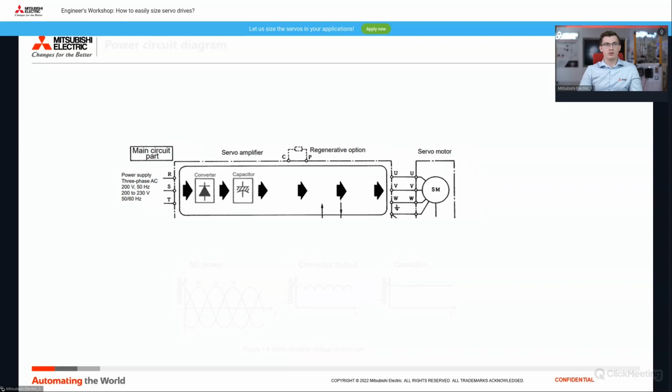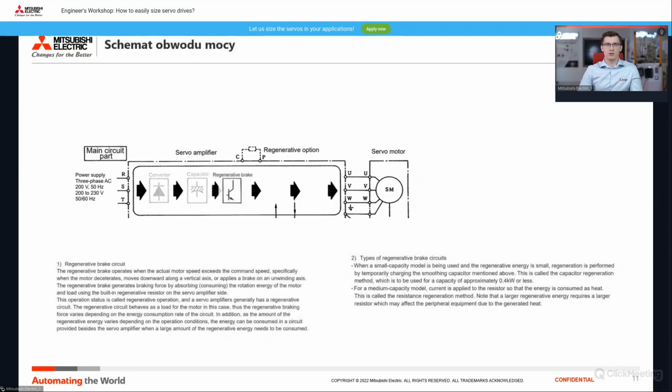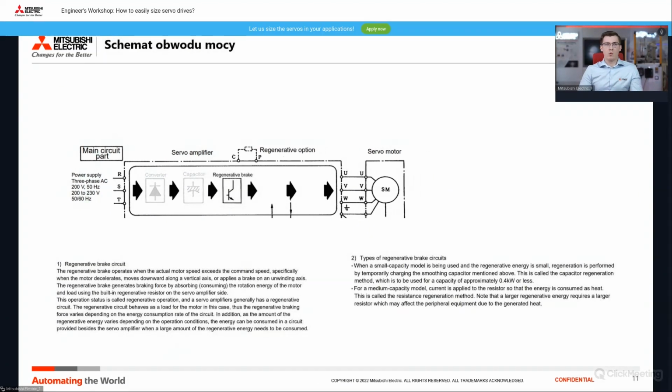And then we have an additional part that is called the regenerative brake. What is the regenerative brake and why is it important? As you probably know, when the motor is rotating, of course, we are supplying the voltage to the motor. But if you want to decelerate the motor, the load is rotating the motor shaft, because the motor wants to stop, but the load wants to still rotate.